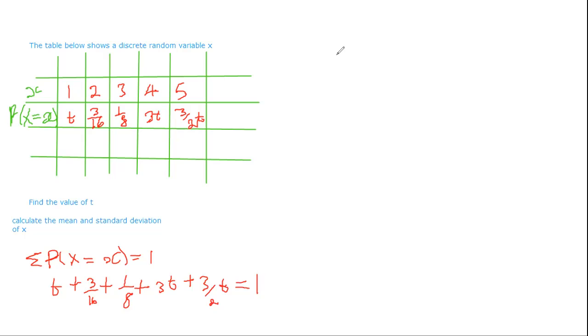Do you have a calculator with you? Okay, 3/16 plus 1/8 would give us 5/16.